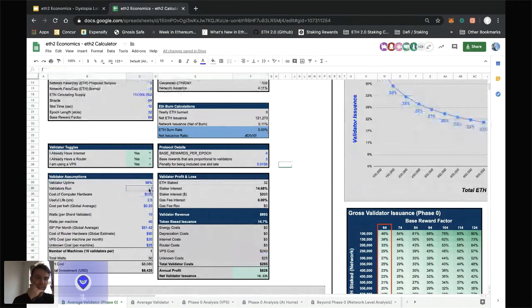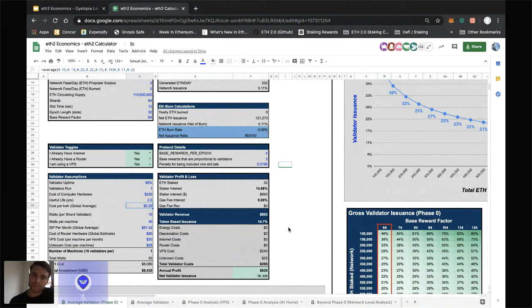You can toggle your validators run here, useful life, all those different things for the watts and the global kilowatt hours. That was something interesting that we went through, but we basically did a massive global average of the most participation at the ETH1 level on the full node side that we saw from a country perspective.